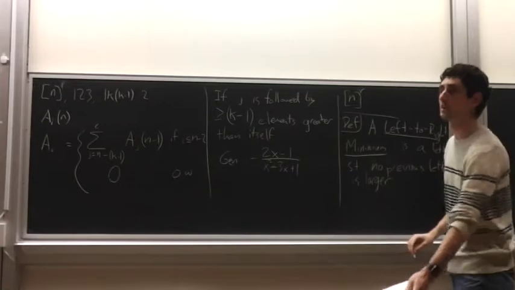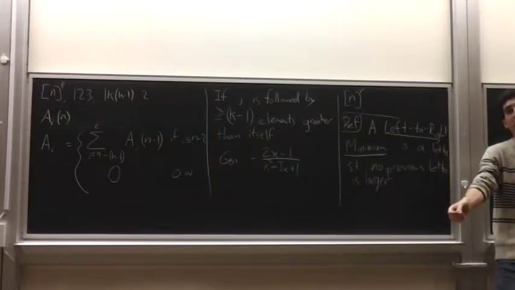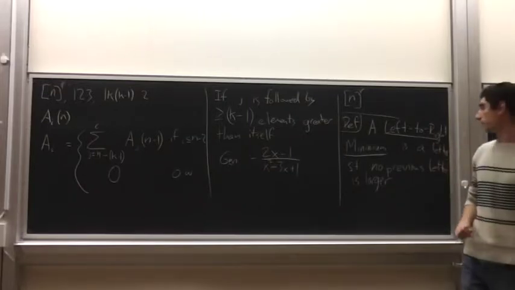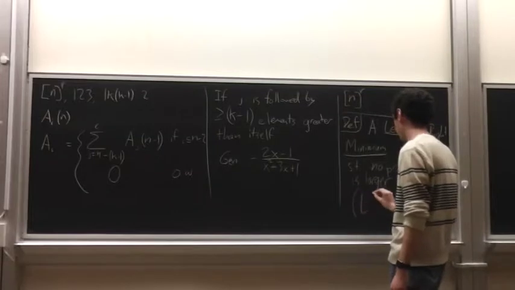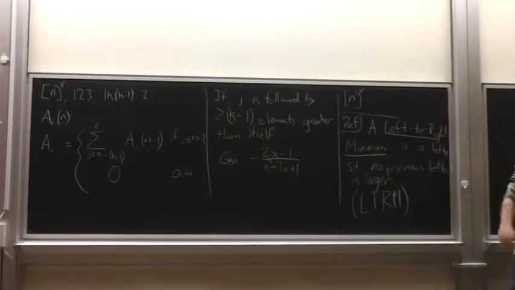So we have a left-right minimum. If we're building our word, and we get to a letter and we see that it's smaller than everything that came to the left of it, then it's a left-right minimum. And I'm going to call these LTR-Ms, just so I don't have to write this over and over again.